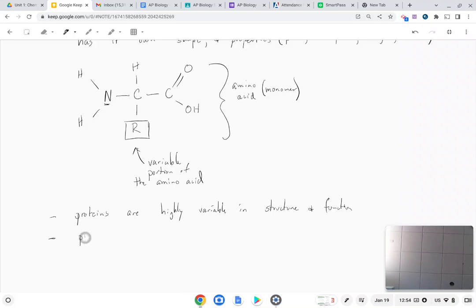Proteins form the machinery and inner workings of the cell. They kind of run everything. They run the show, I guess you could say.